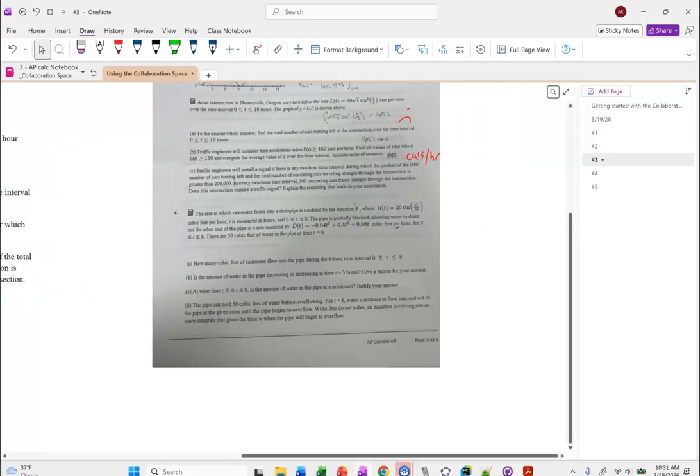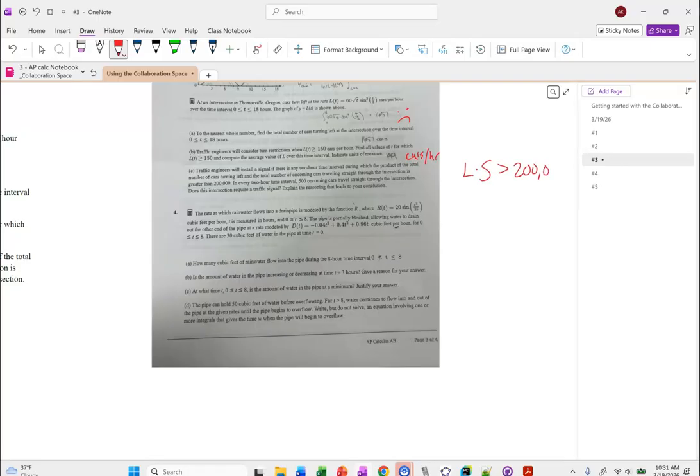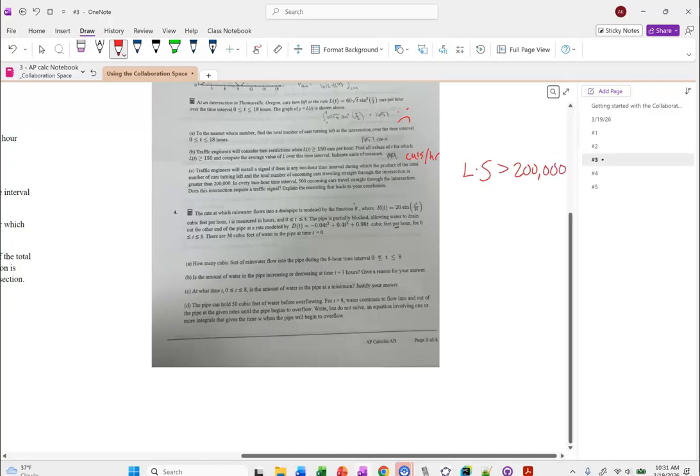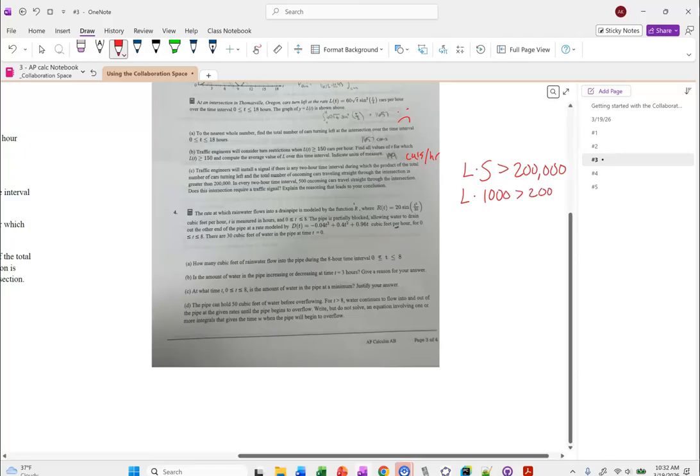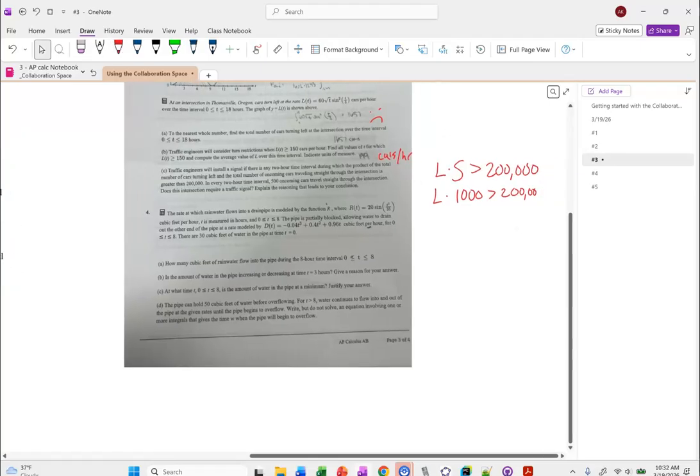So I have that left times straight has to be greater than 200,000. Everybody's okay with that? And we know that the straight is 500 per hour, so that means that 1,000 are going to come through there straight, because it's every 2 hours.